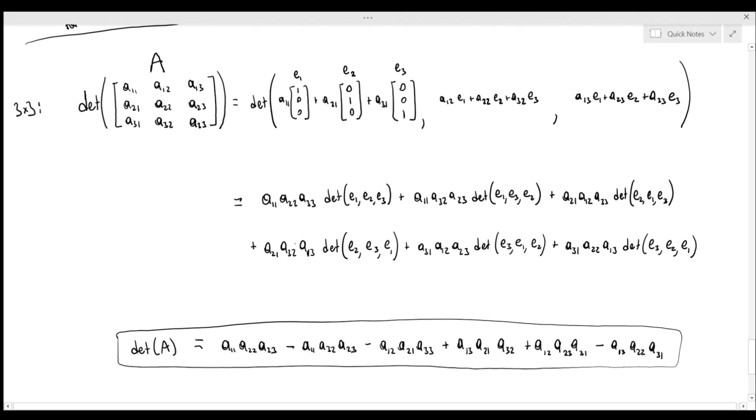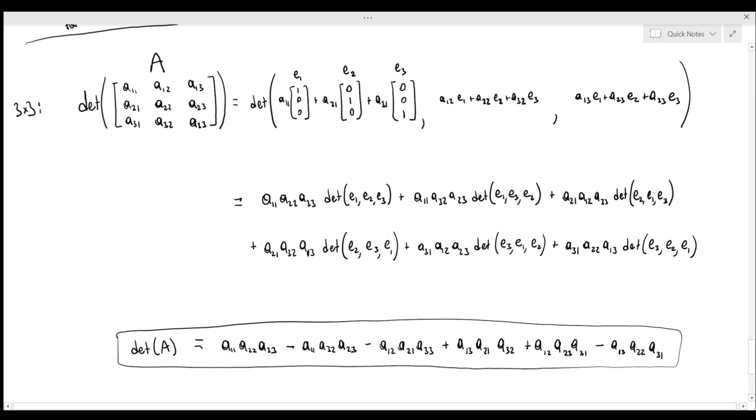So what I've written down here is all the ones that would be non-zero. A11 E1 with A22 E2, and then A33 E3. Since there were no repeats, that gets us a non-zero term. And then A11 E1 now with A32 E3, and then A23 E2. That's another one with no repeats, so it's another non-zero term.